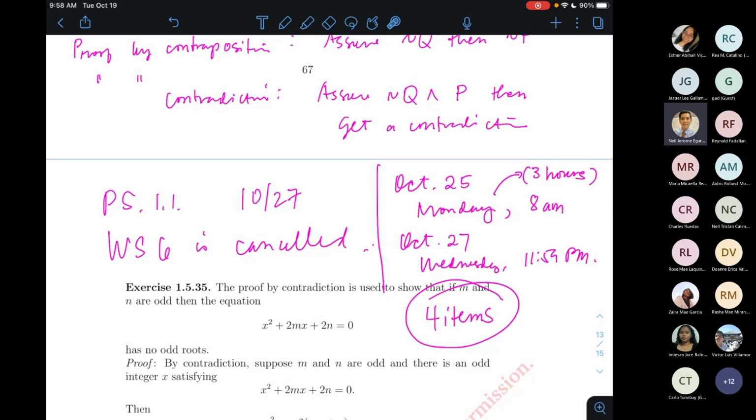I'll check kung nakapag-submit na sila. Hindi ko pa na-check ulit. Pero yeah, I'll try to have it uploaded, all the problem sets, all the answer keys to worksheets by probably tomorrow afternoon. Okay? I'll try to do it today, but if not, tomorrow afternoon. Okay? Okay, sir. Thank you po.